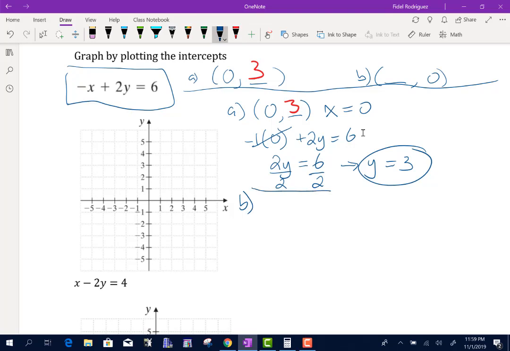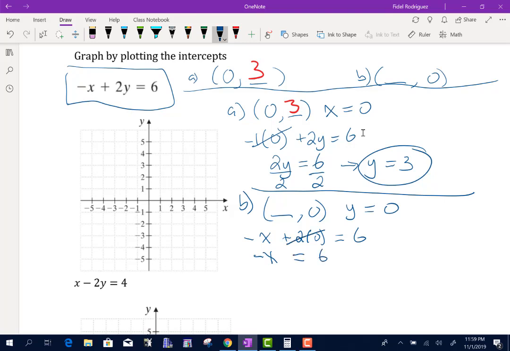Now, let's do part B. So in part B, look at the point we have. We have a blank here, and then a 0. So remember, if there's a blank here, that's telling me that the letter y is 0. So I'm going to go -x plus 2 times 0 is equal to 6. So -x, 2 times 0, guys, is a 0, is equal to 6.